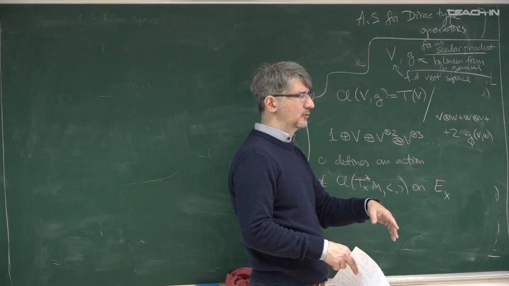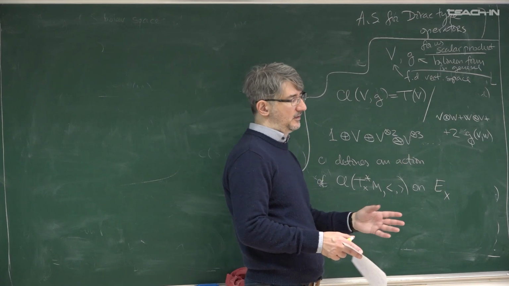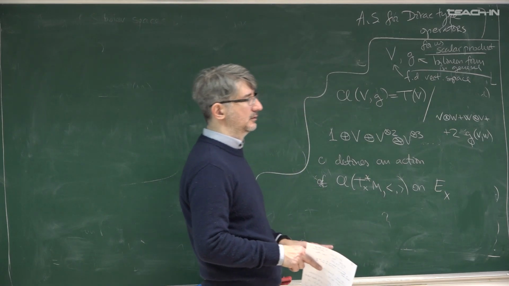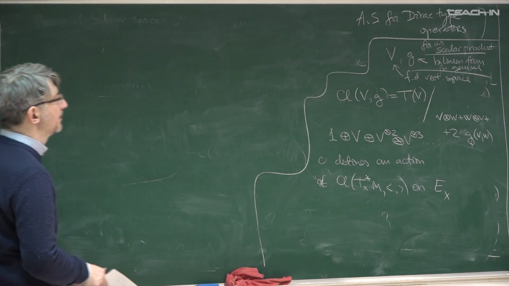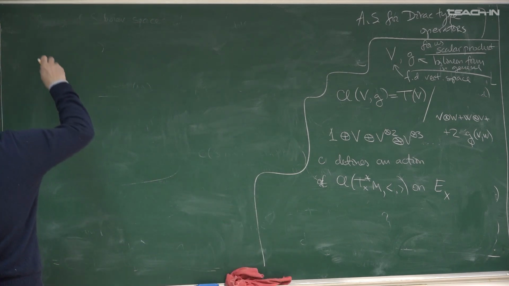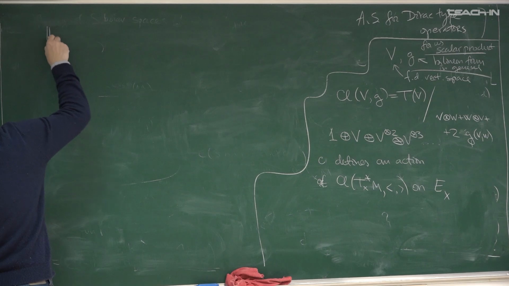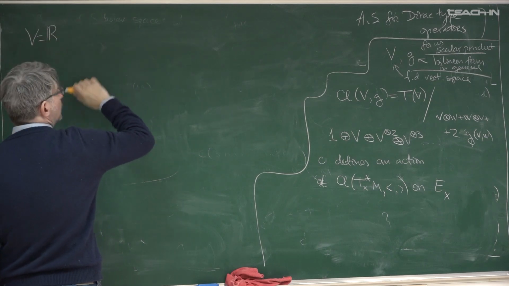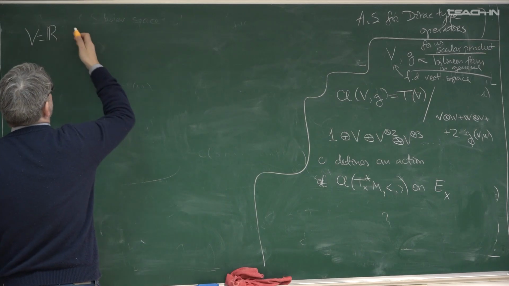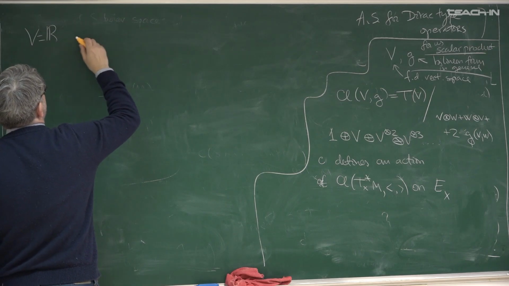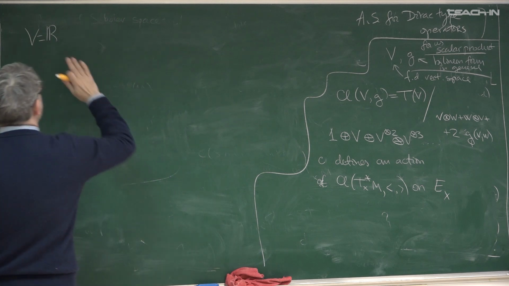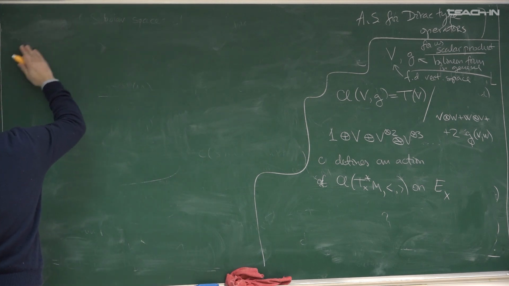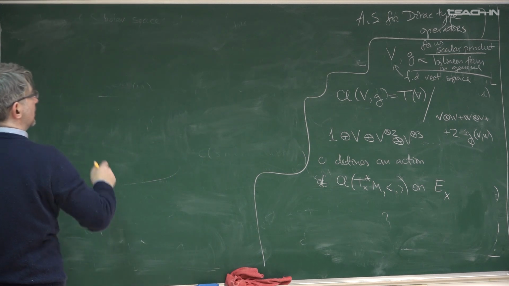You have an automorphism of the Clifford algebra, and they give you complete data to glue them together. So let us consider a very simple example. We take V equal to R, a one-dimensional vector space, and the scalar product will be very simple. Much better to pass to coordinates.